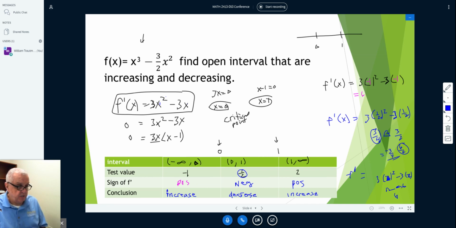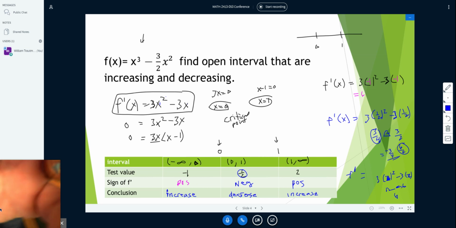Let me set my window, negative 5 to 5. It's kind of hard to see. I'm going to get it a little bit closer. Okay, so here's my function.